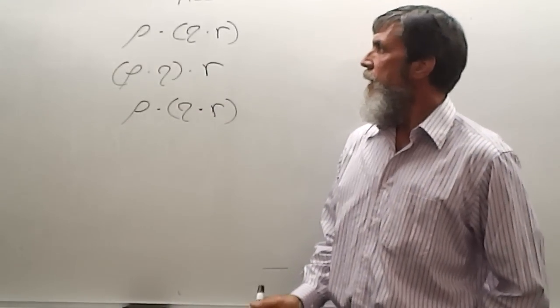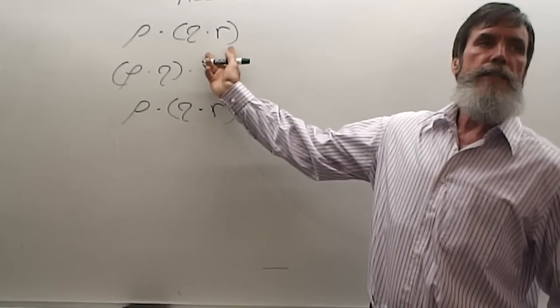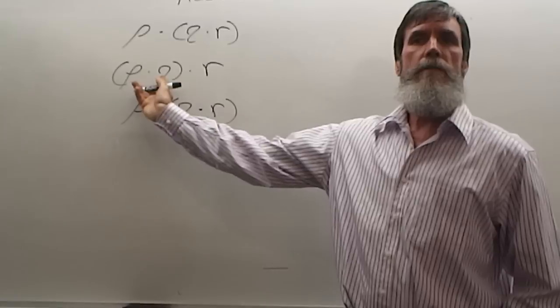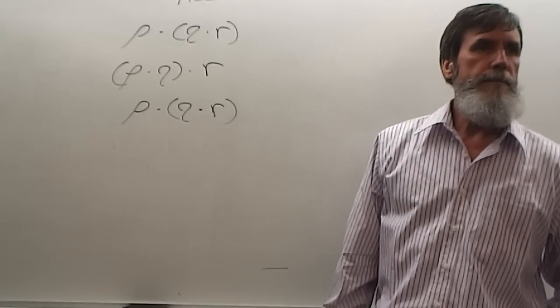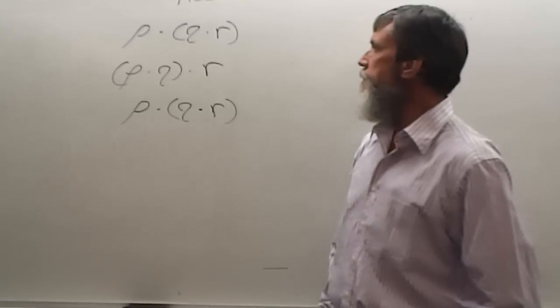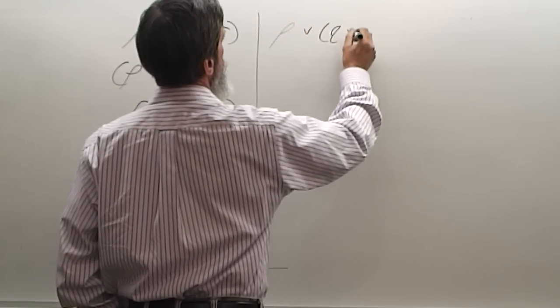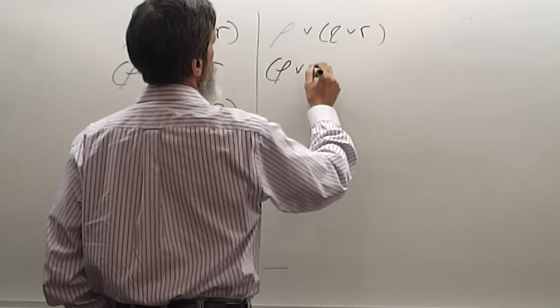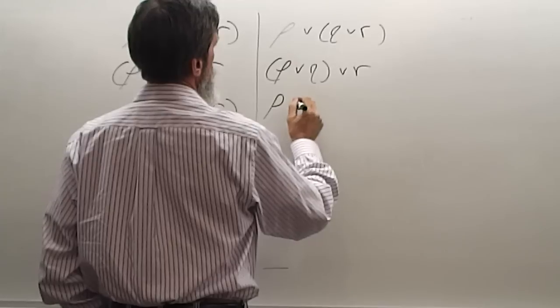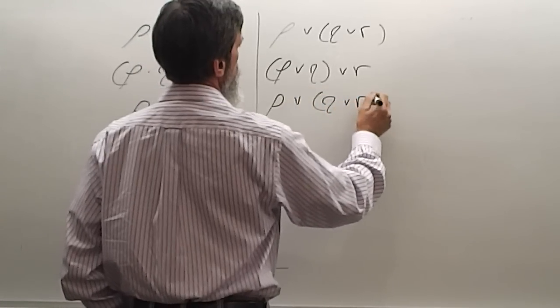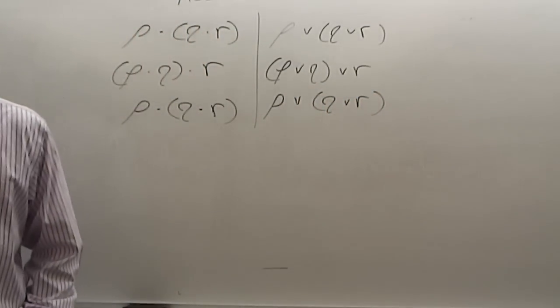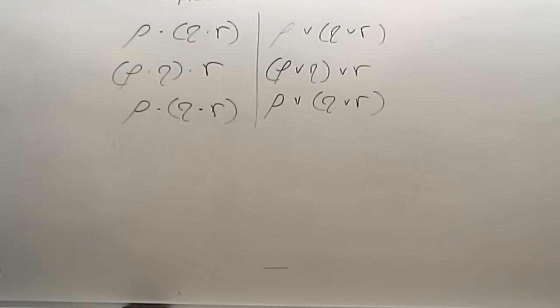So, involving conjunctions, association allows us to move the main punctuation around 2 of 3 conjuncts. When we're dealing with wedges, it allows us to do something similar, move the main punctuation around 2 of 3 disjuncts.